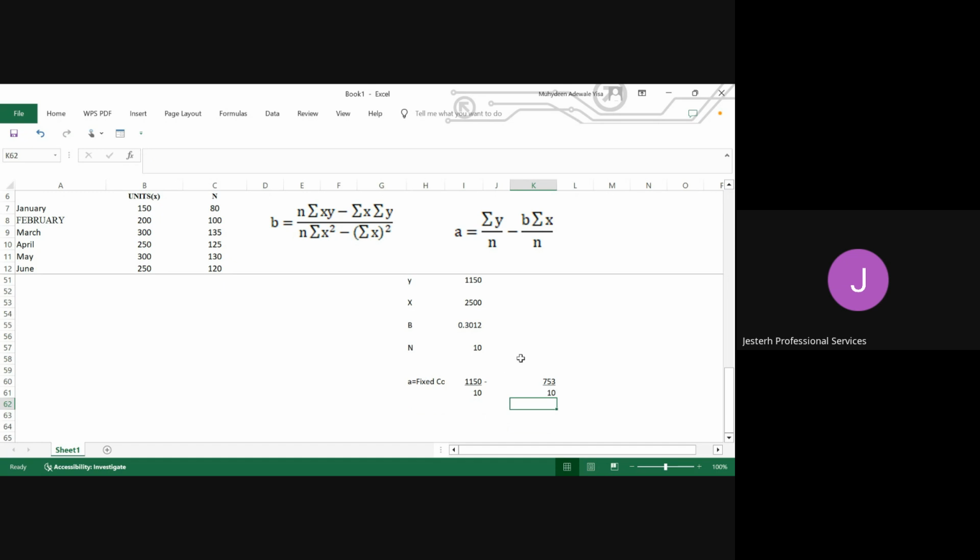Now to simplify it and get the answer, we'll divide it one after the other. We'll say 1150 divided by 10. Now it's going to give us 115. Then minus 753 divided by 10.